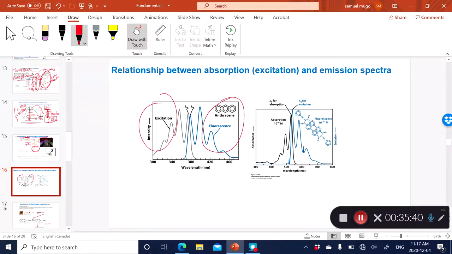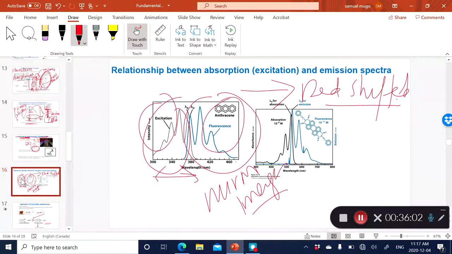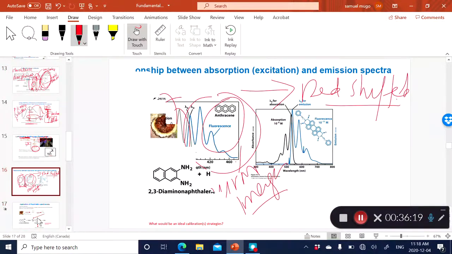And if you look at the emission profile compared to the absorption profile, they are always mirror images. The only difference is the emitted spectrum is red shifted. The reason it's red shifted is that it's of lower energy compared to the absorption spectrum. That makes sense if you look again at the Jablonski diagram, you can see that some of the energy is going to be lost due to radiationless relaxation.